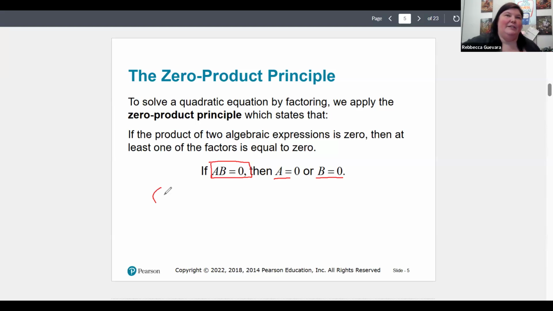So if I had something like 2x plus 3 times x minus 7, and that was equal to 0, what that tells me is that either 2x plus 3 equals 0 or x minus 7 equals 0. The nice thing about that is that I can sit here and go, well, either this binomial is 0 or this binomial is 0.